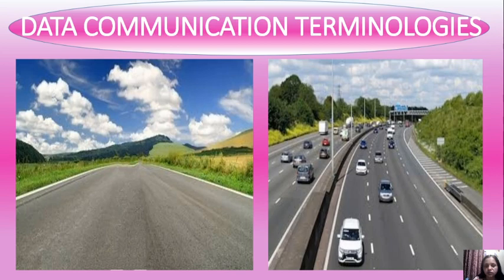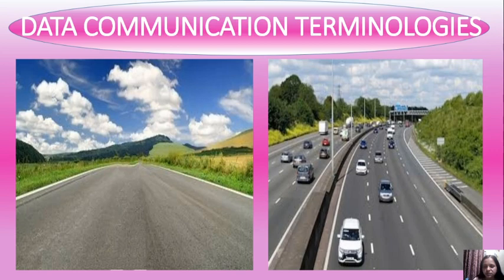If you want to calculate the horizontal width of this road, in the left side image you can use any measuring device or tape and measure the width of that road. So the width is the distance from the left side to the right side.